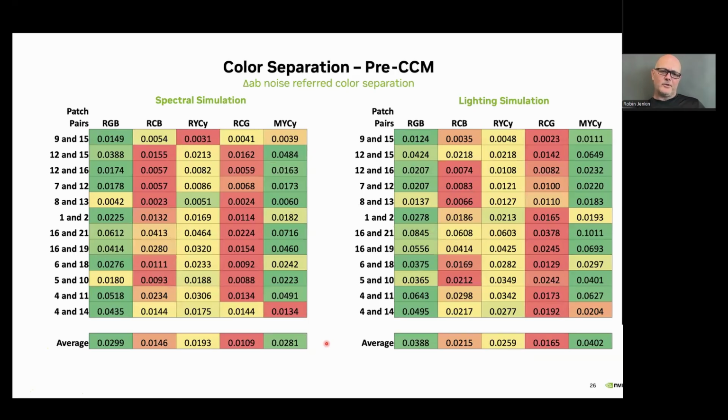Color separation using the Macbeth color checker chart. Again, pre-CCM, the lighting simulation matches the spectral simulation pretty well, with RGB and MYCY coming out ahead of the RCG and RCB, which end up being the worst, happily.